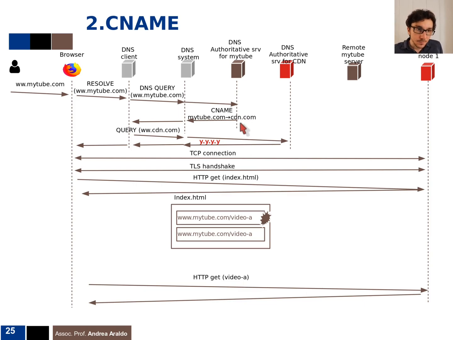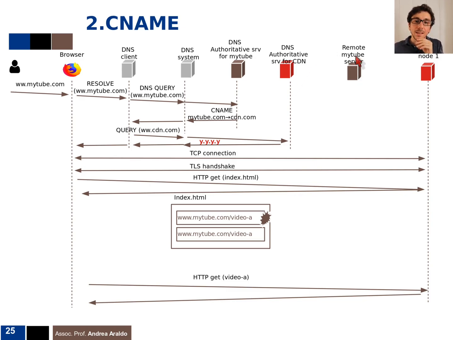This reply will go to the DNS client that will now try to resolve cdn.com. Therefore, this DNS query will go to the DNS server of CDN that will reply with the IP address of one of its nodes. So now the browser will open a TCP connection directly with the CDN node using the IP address YYYY.